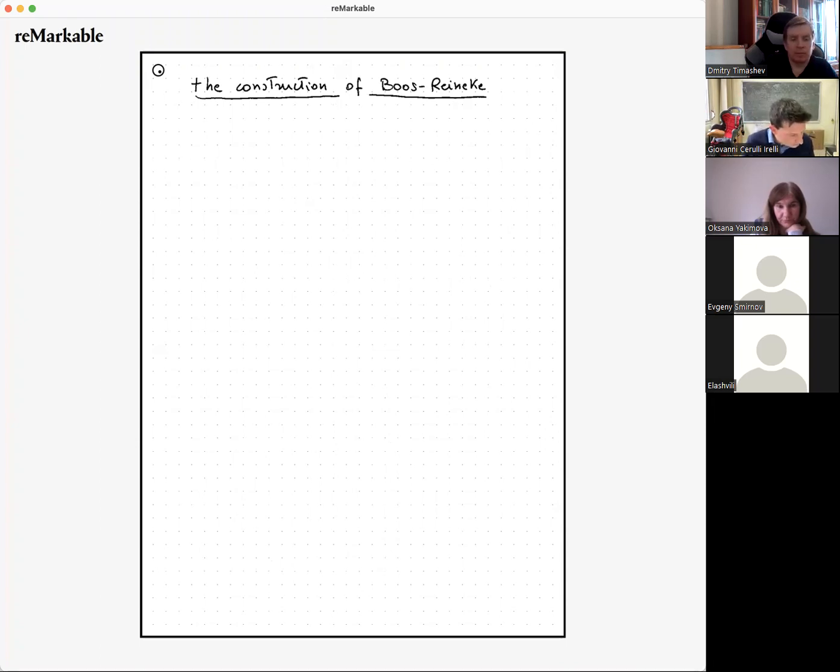Okay, so fix a flag. U1, U2, up to U(N-1) inside UN, which is just C^N.